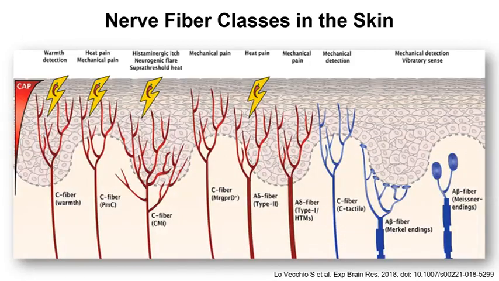Yeah, here are our nerve fibers, and we know now that we have different C and A fiber classes in the skin and in the epidermis. And the different C fiber classes are defined by their receptor expression and by their functionality. For example, 5% of our skin nerves are purely histaminergic. They have the H1 receptor and they respond almost only to histamine and nothing else.